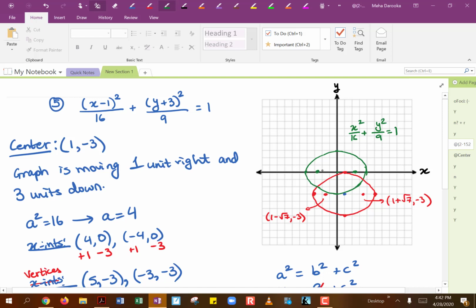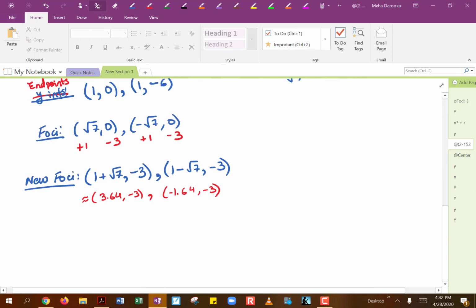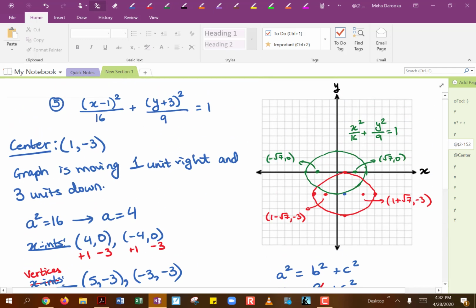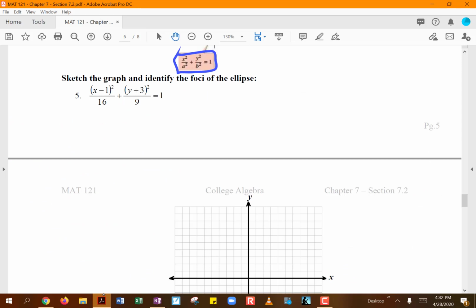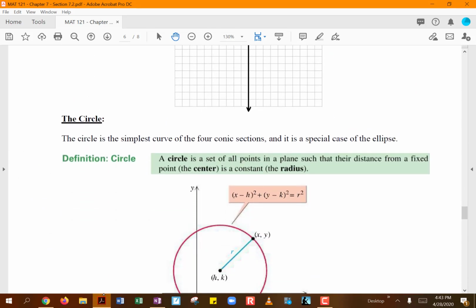Those would have been your original foci, which as ordered pairs would have been square root of 7, 0 and negative square root of 7, 0. Okay, so that shows how the transformation works when you change the center of your ellipse. Alrighty, so that was just to show you that example.